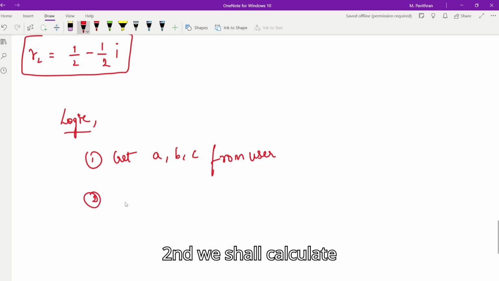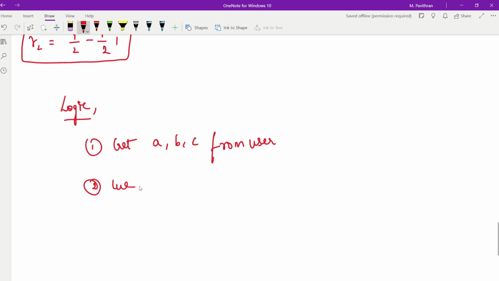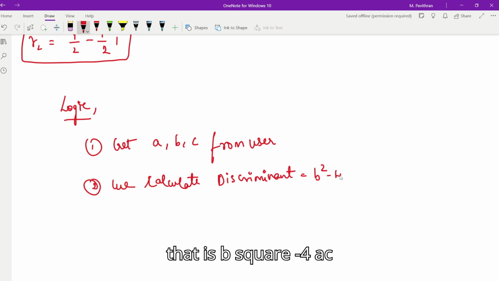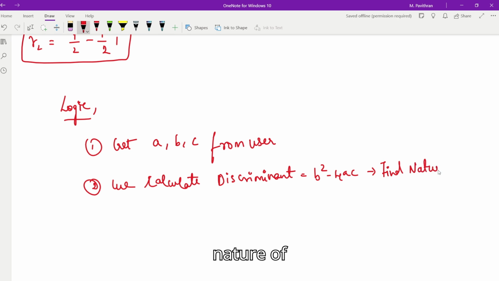Second, we shall calculate the discriminant, that is b square minus 4ac, to find the nature of roots, right?